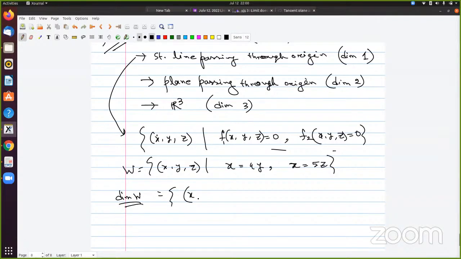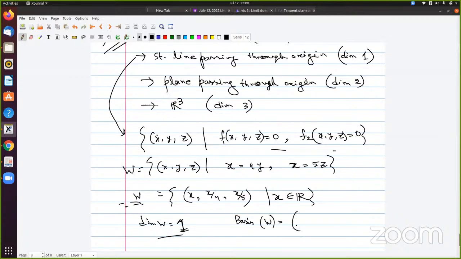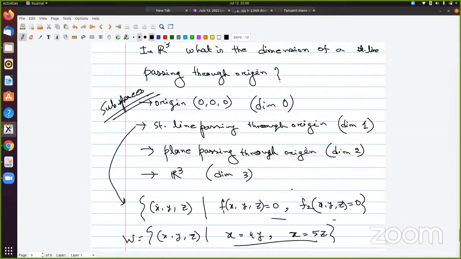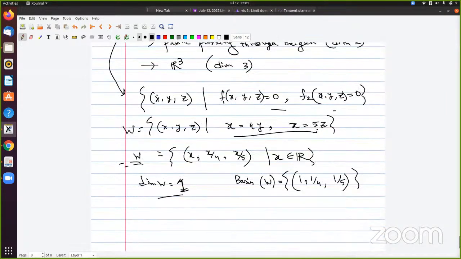So basically this is x, this is x by 4, this is x by 5. So only x is our independent variable. This is my W, so the dimension of W is 1, correct? Because I can write a basis of W like (1, 1/4, 1/5). So this will span the subspace W, so this will be a straight line. A one-dimensional subspace in R3 means a straight line passing through the origin, correct? Till this portion it is clear.